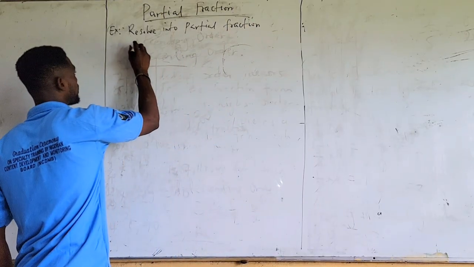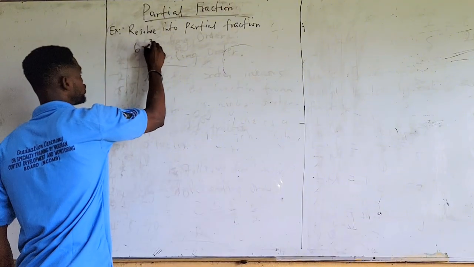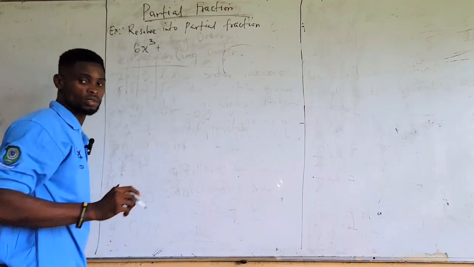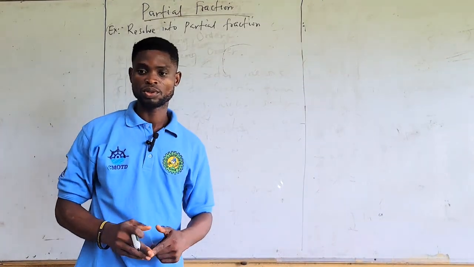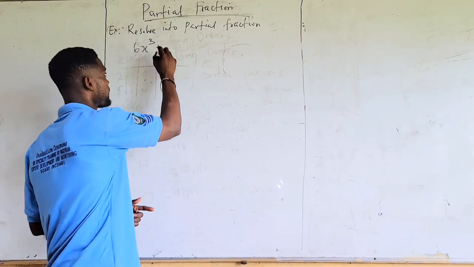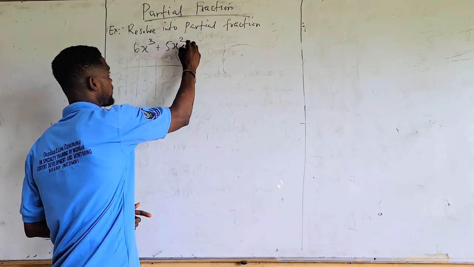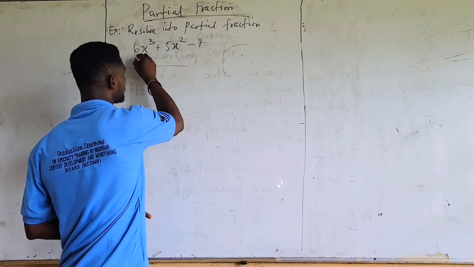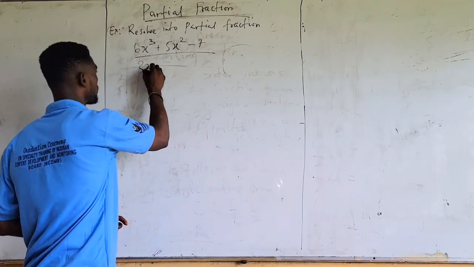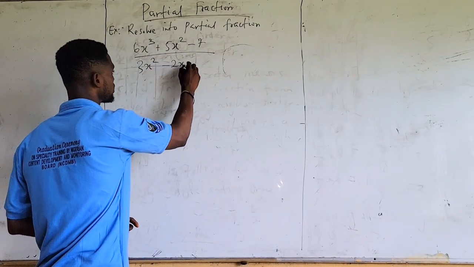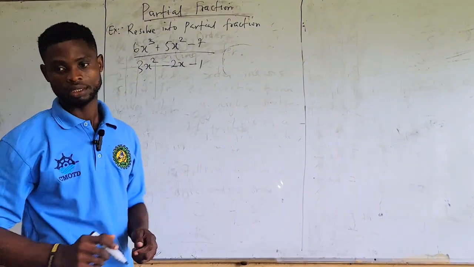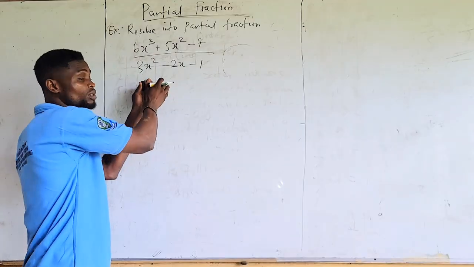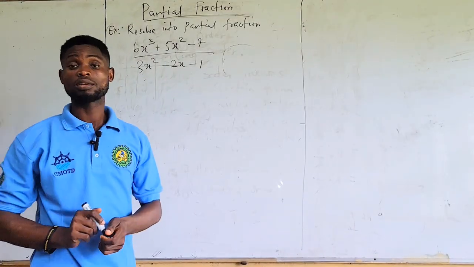That is 6x cubed plus 5x square minus 7, all over 3x square minus 2x minus 1. That's what we're going to resolve. We're going to resolve this equation in partial fraction.